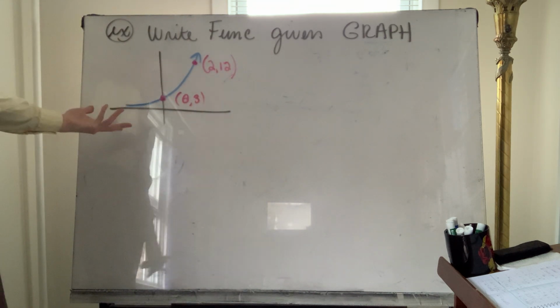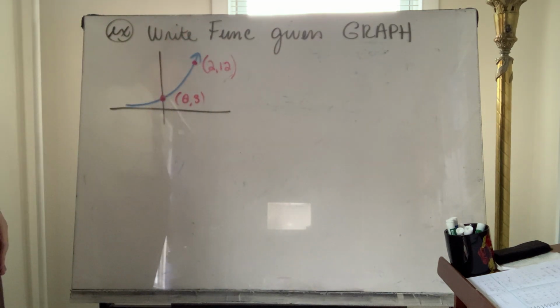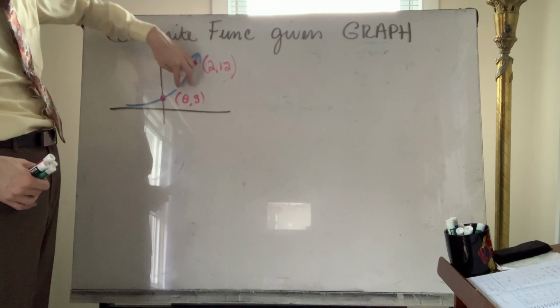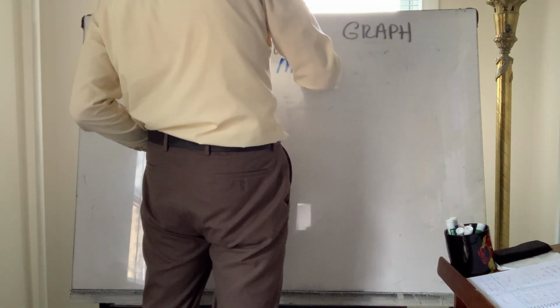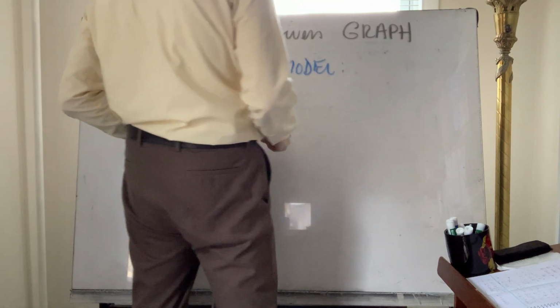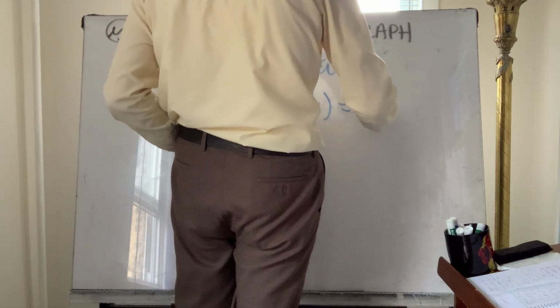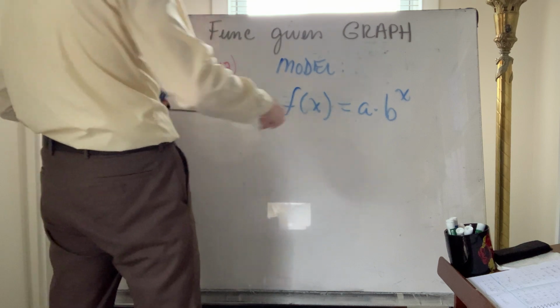Firstly, you would say, well, it appears to be exponential. It has that unique curve to it. And we're going to go through basically a similar process to last time. In this case, we do know the starting point, though. So if this is the model that we're following, the exponential growth, the function is equal to a times b to the x, and you could just substitute y for this.